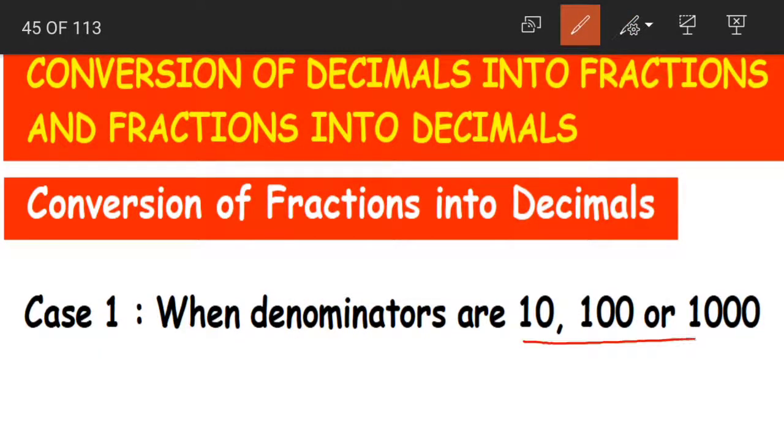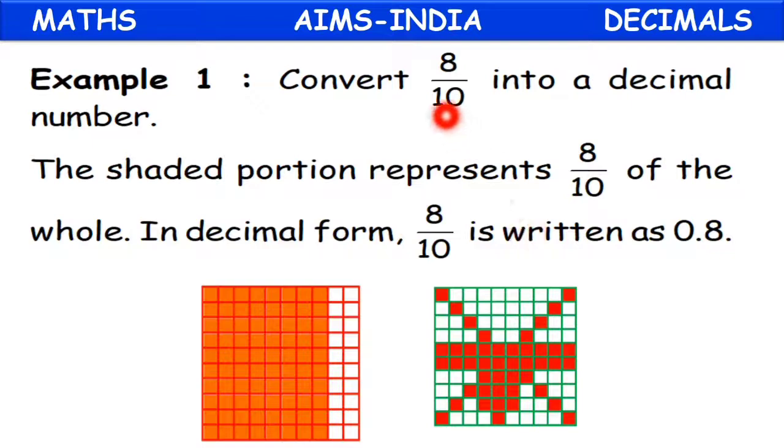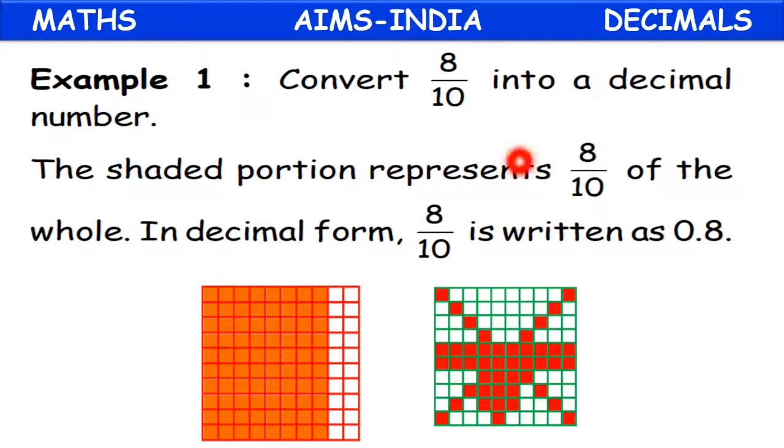When we have the denominators as 10, 100 or 1000, we call them our friendly denominators. We have already discussed how to convert fractions into decimals where the denominators are 10, 100 and 1000. But here as the topic has come, we will revise it briefly.